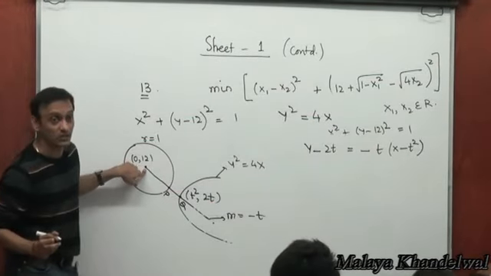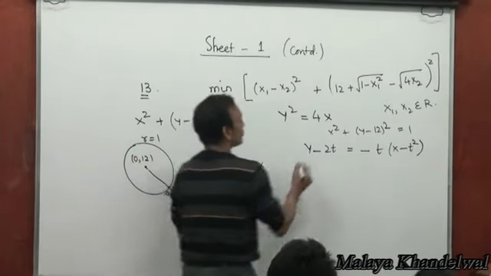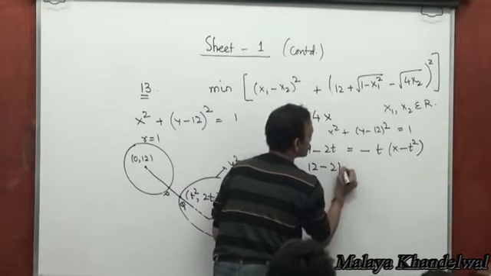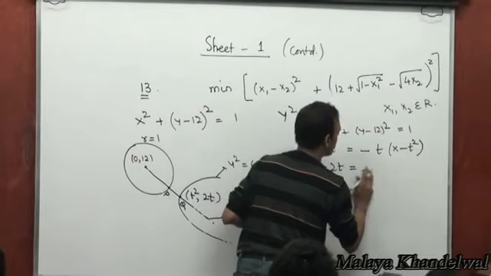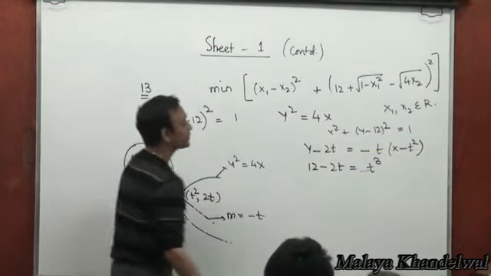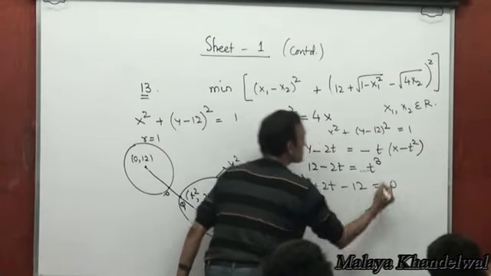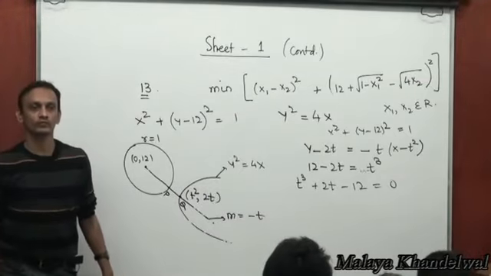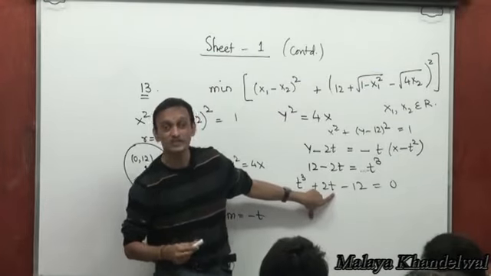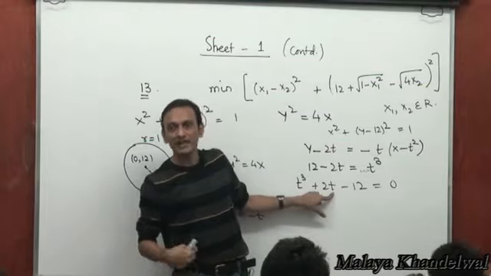So put y equal to 12 and x equal to 0. You get 12 minus 2t equals t cubed, so t cubed plus 2t minus 12 must be 0. And from inspection, you can see that t equal to 2 satisfies this equation.